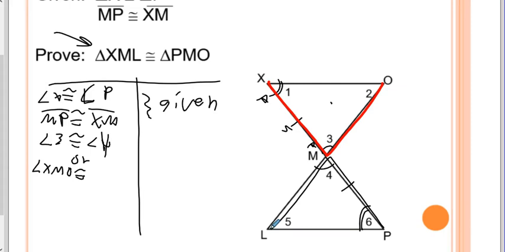X matches P. And if you look at this, the little trick we taught you, XML, PMO. So if I'm saying XMO, that doesn't make sense. That's a typo. This should be XMO.